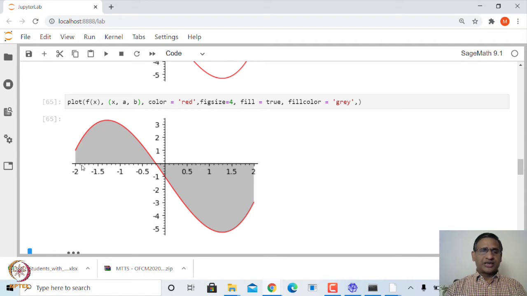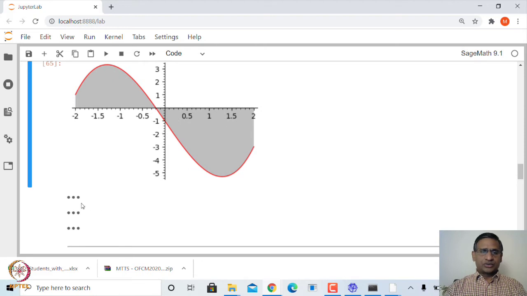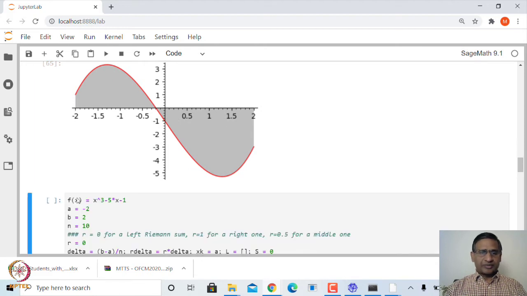For example, if I take the region between -2 and -1.5, you can take the rectangle by taking the left end point, the right end point, the middle point, or for that matter any point as the height of that rectangle. Let us see what I mean by that.